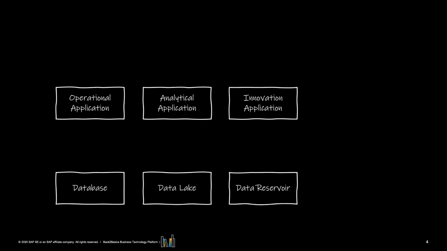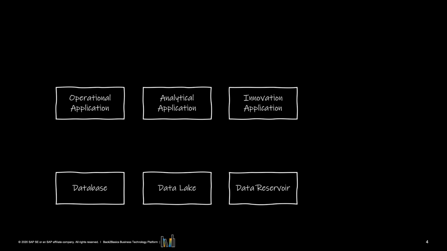Next to these two types of applications, we find innovation applications. The innovation applications are there to help identify trends, patterns, cross-references between all the systems an enterprise has. And typically, the innovation applications require more data than the analytical and the operational applications together. Therefore, they base their sources on what I call the reservoir.